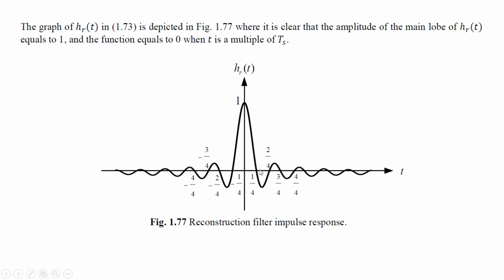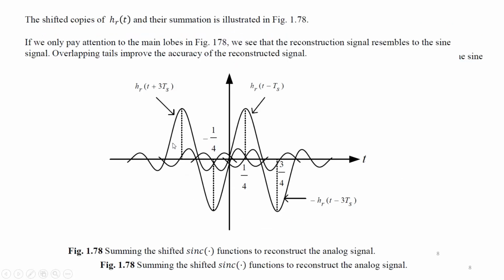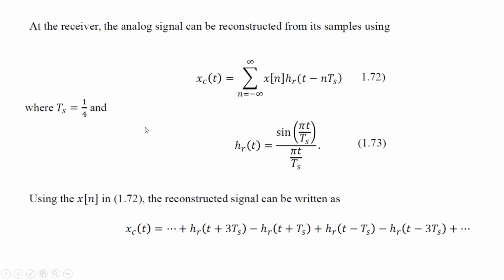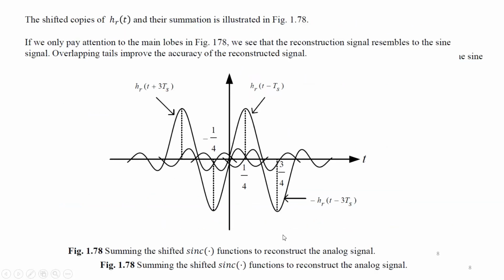Now, xc(t) will be generated by the addition or subtraction of these reconstruction filter responses, right? Every waveform will be superimposed on each other, and if you find the resultant waveform, you will see that the actual signal will be recovered back, which is basically the shifted copies of hr(t), and their summation is illustrated here in this figure, right?